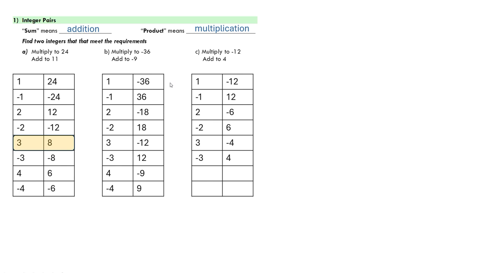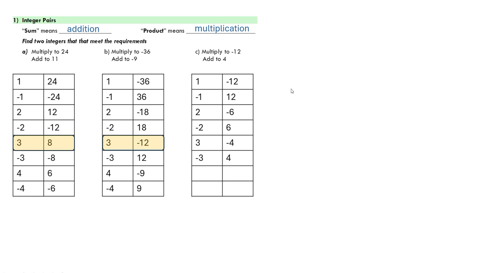Now we're looking for a pair that will add together to be -9. And that pair happens to be 3 and -12. 3 times -12 gives us -36. 3 plus -12 gives us -9.